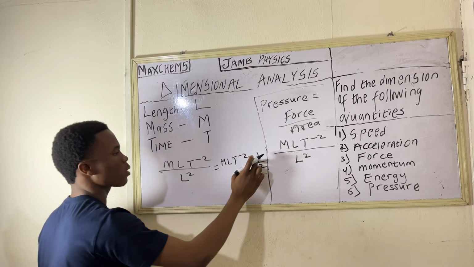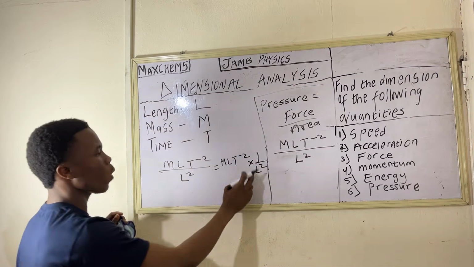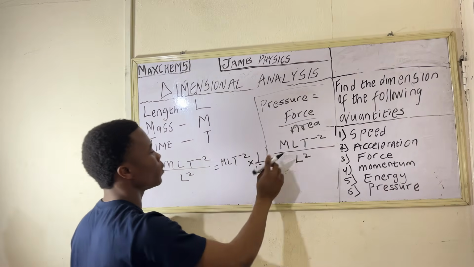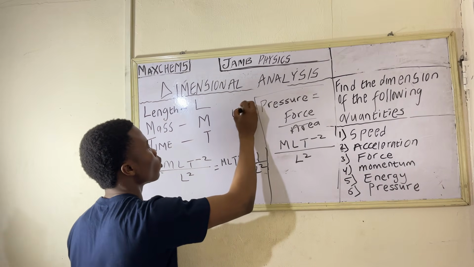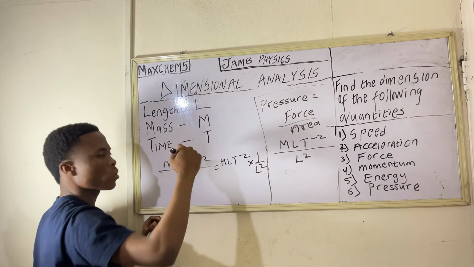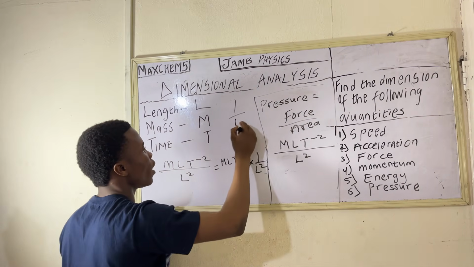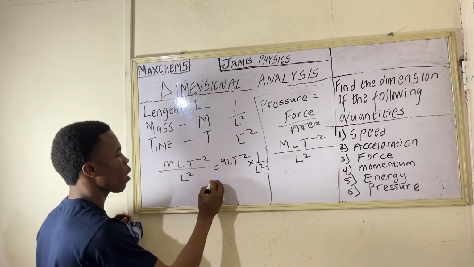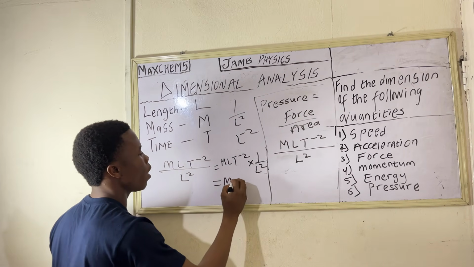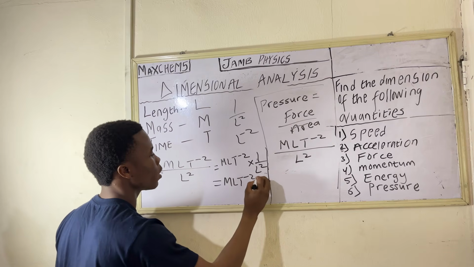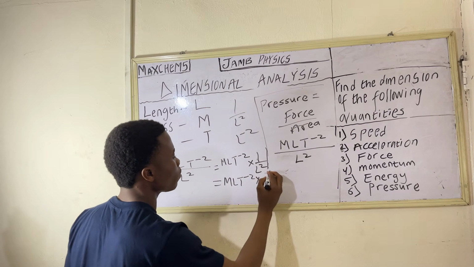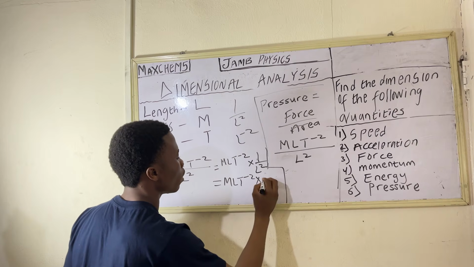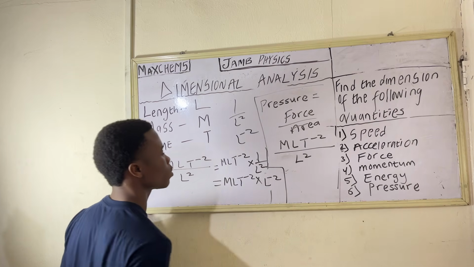I told you that 1 over L square is the same thing as L to the power minus 2. So now we have MLT to the power minus 2 times L to the power minus 2.